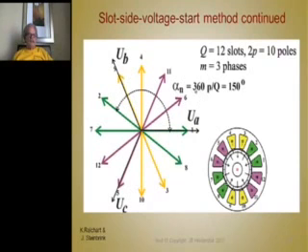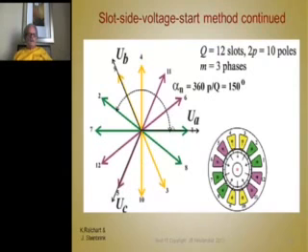So this angle is 360 degrees times the number of pole pairs divided by the number of slots. And so you have 360 multiplied by 5 divided by 12 gives you 150 degrees.